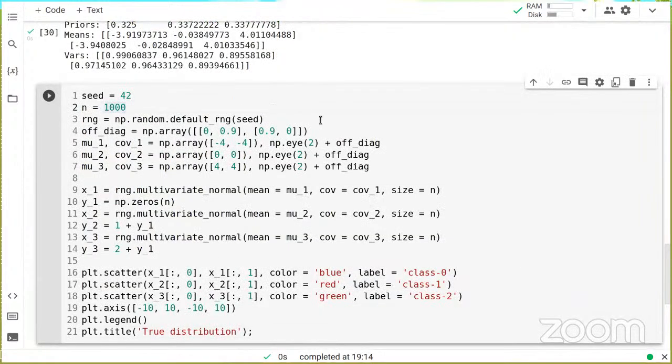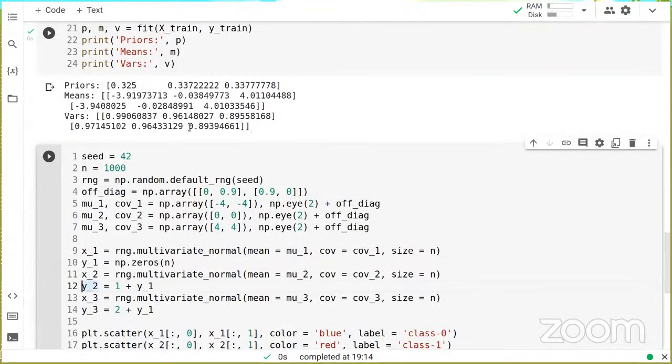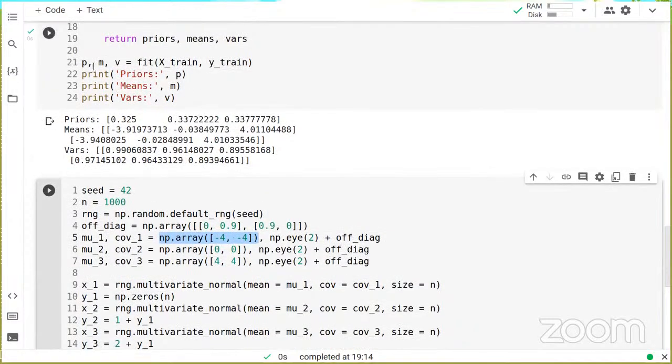I will not generate anything. Instead, instead of mu1, I'll use the means that I have learned. M is the mean that I have learned. You can stop me if you don't understand what I'm doing here, but I'm going to do something slightly complicated.